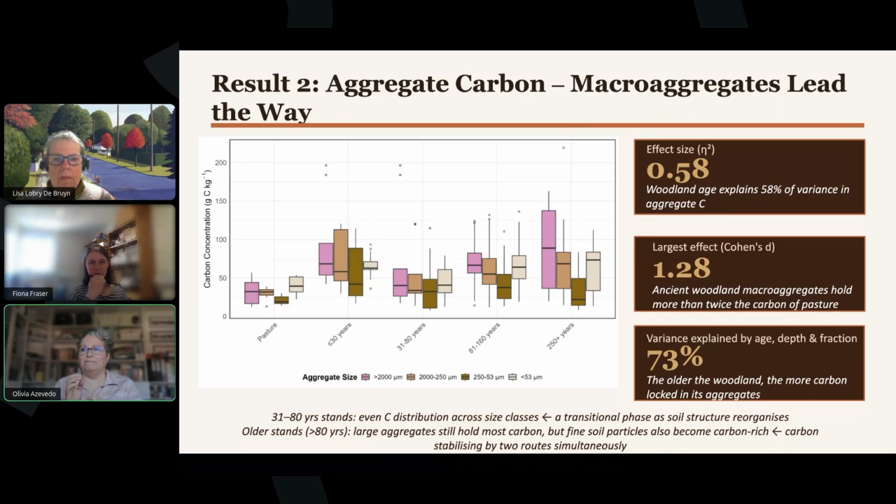This enrichment of the finest fraction is a signature of a second stabilization mechanism developing alongside the first: carbon bonding directly to mineral surfaces rather than being physically enclosed in the aggregates. So two parallel processes, not one replacing the other. Next one, please.